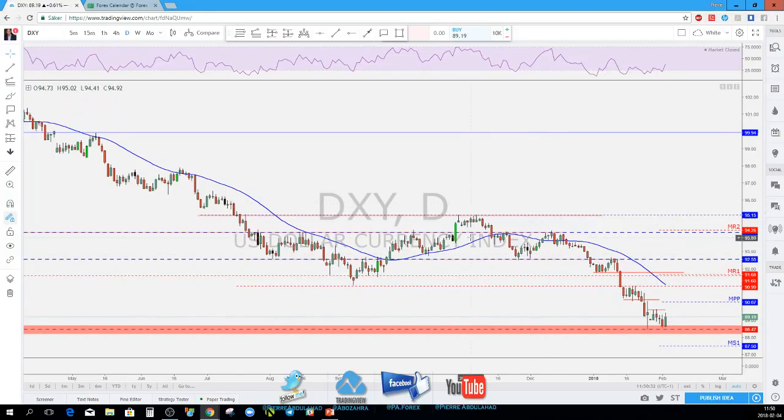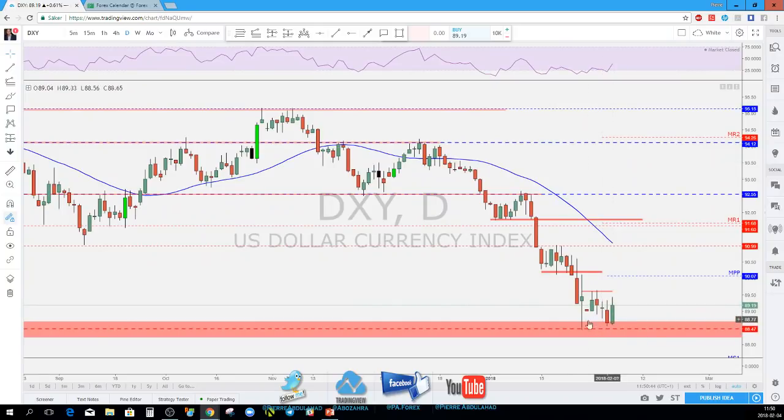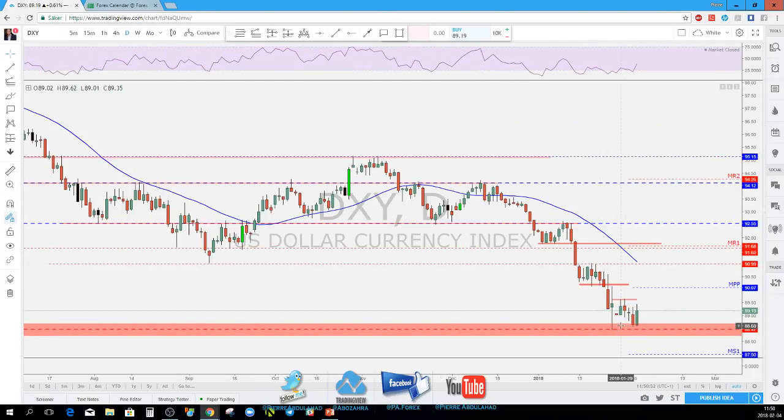But as you see, guys, even on the daily we're still in a bearish trend with lower lows and lower highs all the way until we reach this area down here around the 88.50, where we do have a possible double bottom scenario right now. Yeah, well, this bullish divergence has been going on for a while.